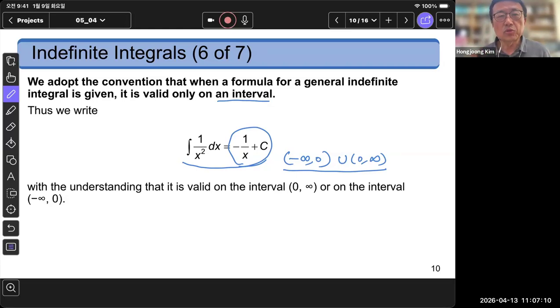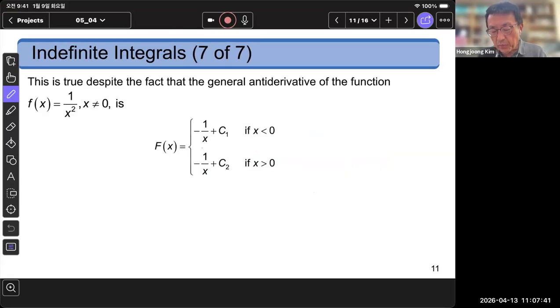But when you do research, you need to interpret that expression as negative 1 over x plus one constant on, say, the negative part, and negative 1 over x plus another c value on the right hand side. So this notation implies two different constants on two separate intervals. That's how we interpret that notation.